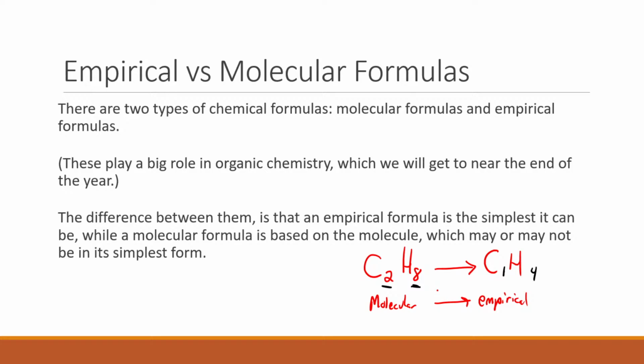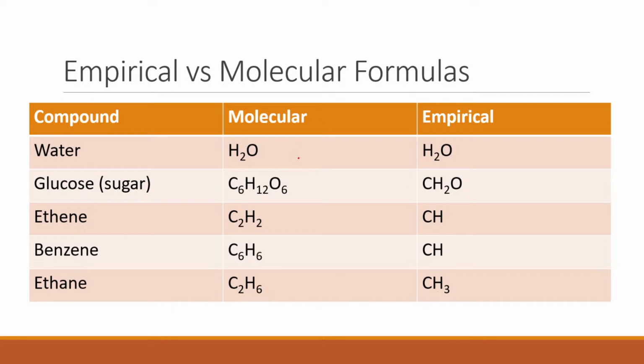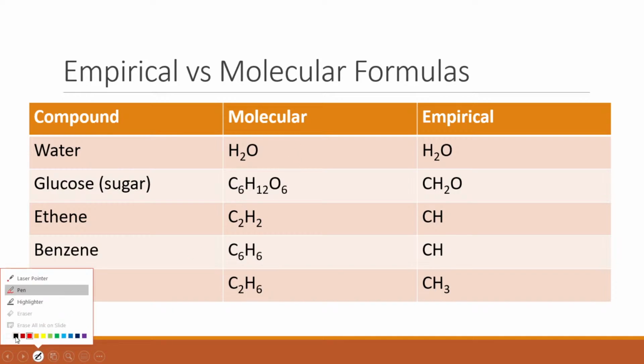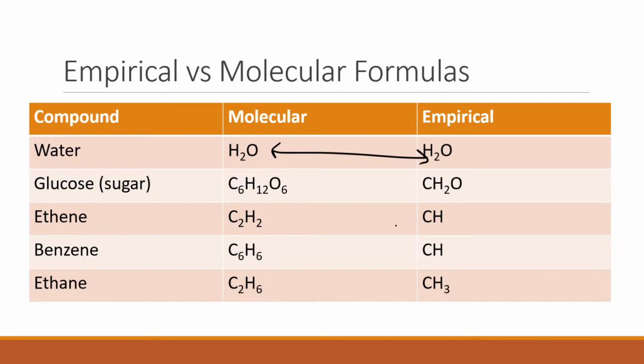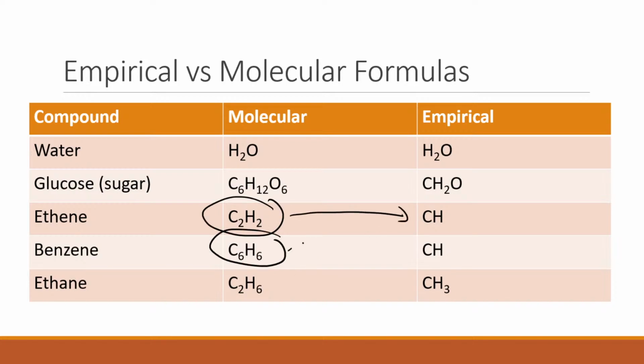Now, sometimes certain things have empirical formulas and molecular formulas that are the same. Water is a fantastic example of that. The stuff that is in one molecule of water is already at the simplest ratio. Sometimes you get two different molecular formulas that end up with the same empirical formula because they have the same ratio of atoms, and that's fine too.